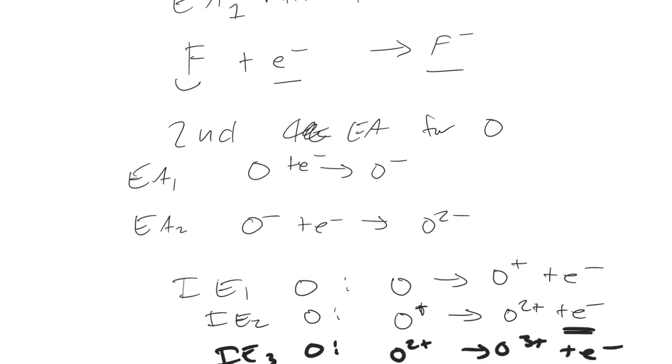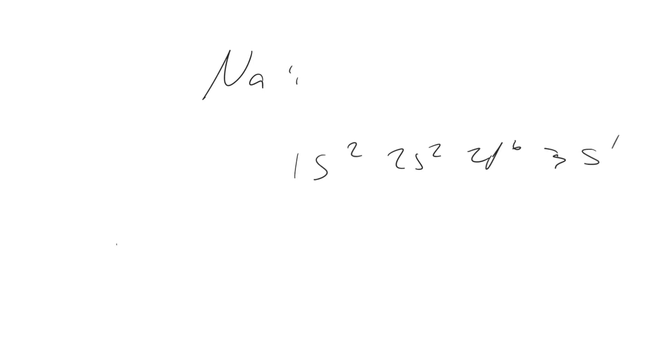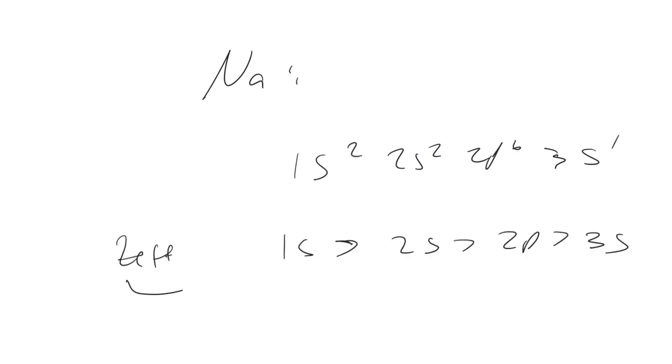The last thing I want to mention before we depart here is that you can think of the effective nuclear charge of more than just the outer valence electron. So if you're thinking of sodium, you could be thinking 1s2, 2s2, 2p6, 3s1. And we did this in class the other day, that the effective charge would go, the 1s experiences the greatest charge, then the 2s, then the 2p, then the 3s. This is just kind of going with the size of the orbital.